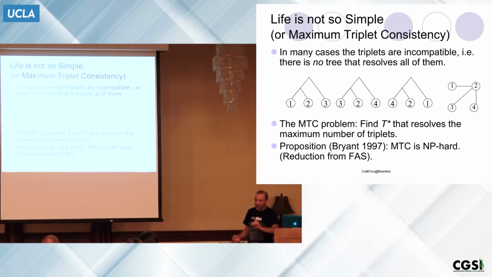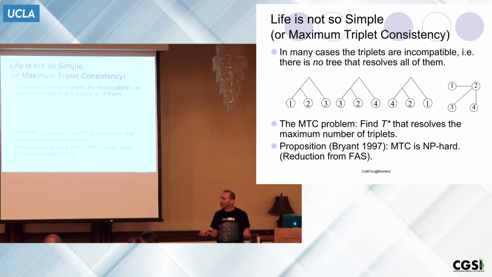Every triplet contributes to our connectivity graph. How many edges? 1 edge, okay? And the only thing we want in life is just to get 2 components. Nothing more than that. So we just want to partition this graph, correct? And we want to violate the minimum number of triplets.